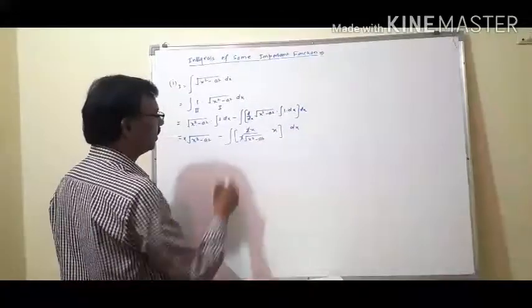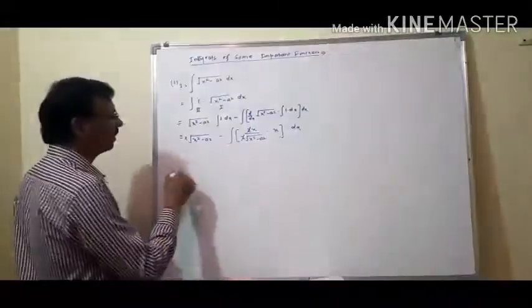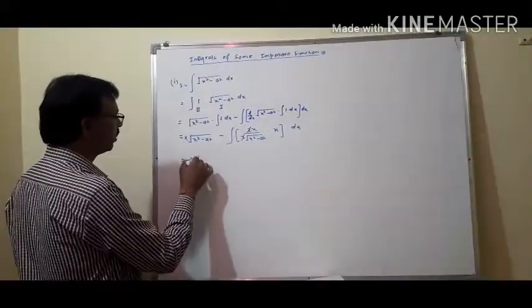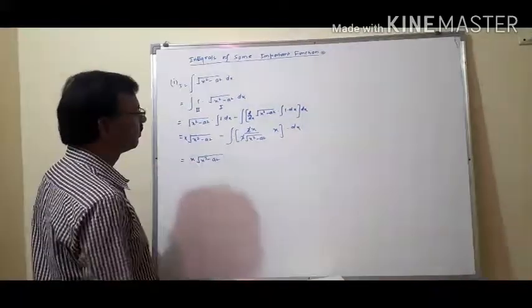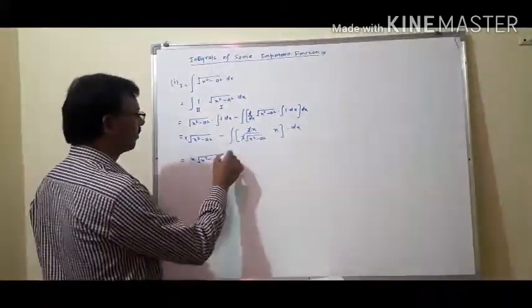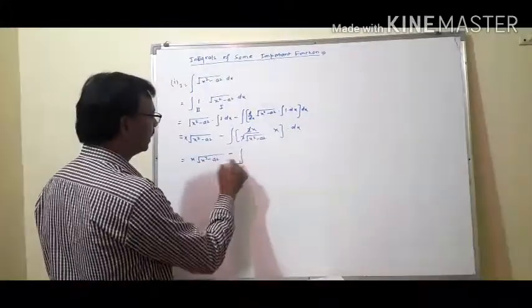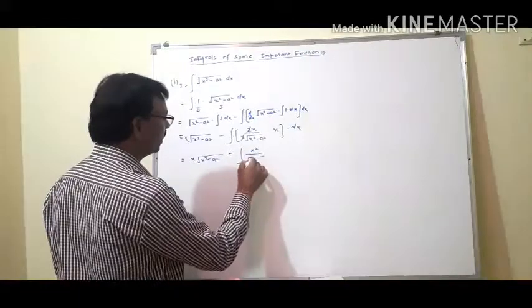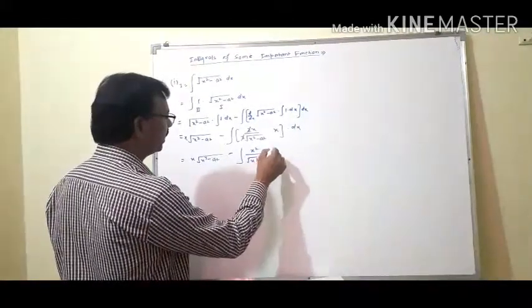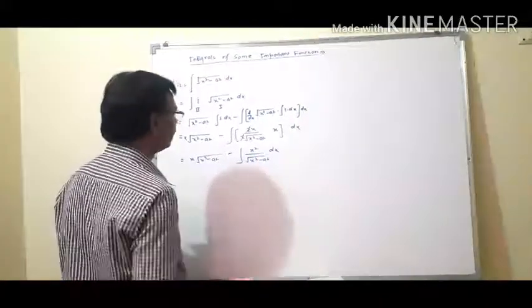Now 2 and 2 will be cancelled, so this will be x root under x square minus a square minus integration of x square whole upon root under x square minus a square into dx.